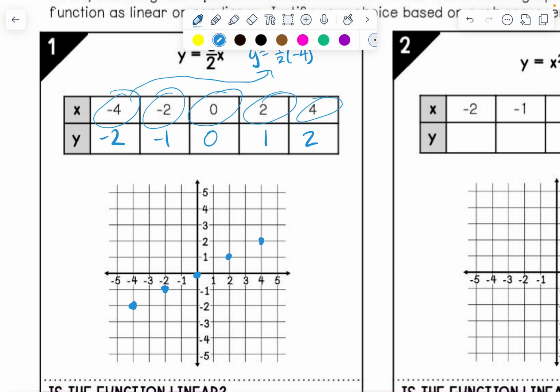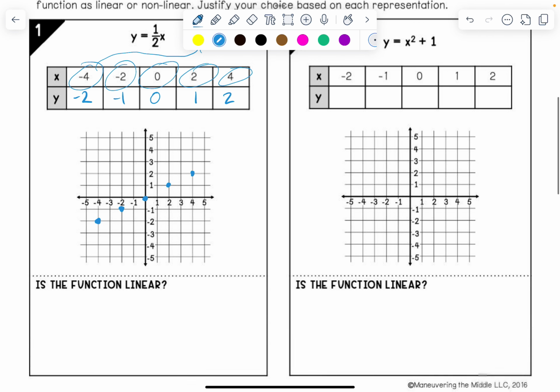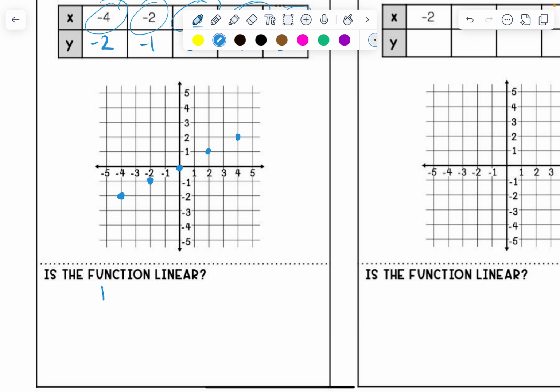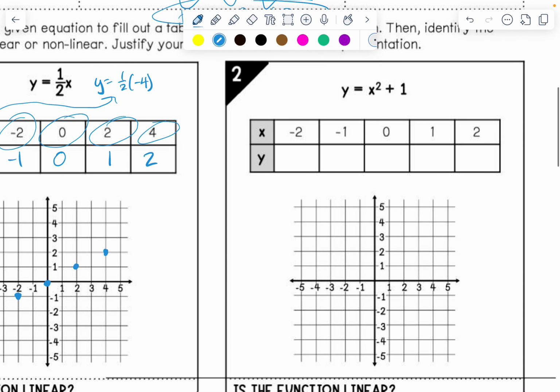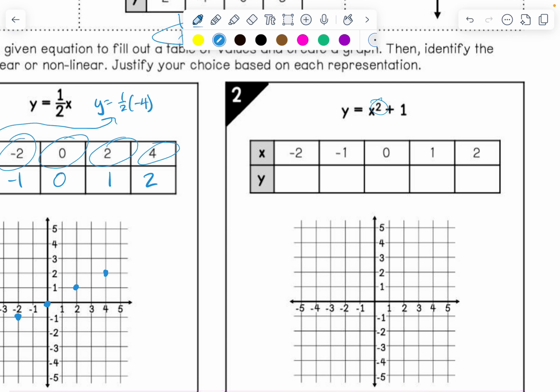And it does form a straight line. So we're going to answer the question. Linear, forms a straight line. You could also, instead of that, put that it has a constant rate of change, but it basically means the same thing.